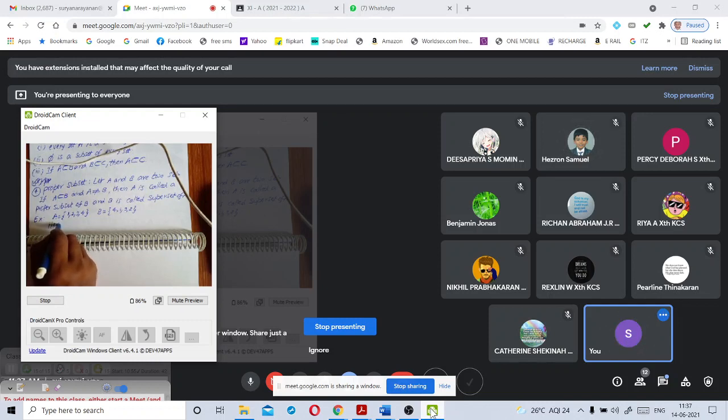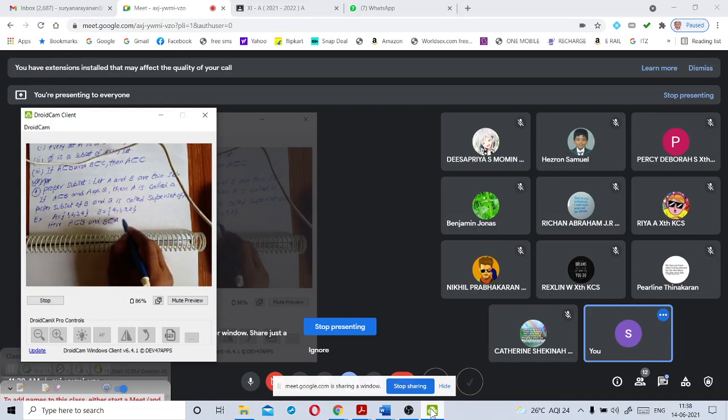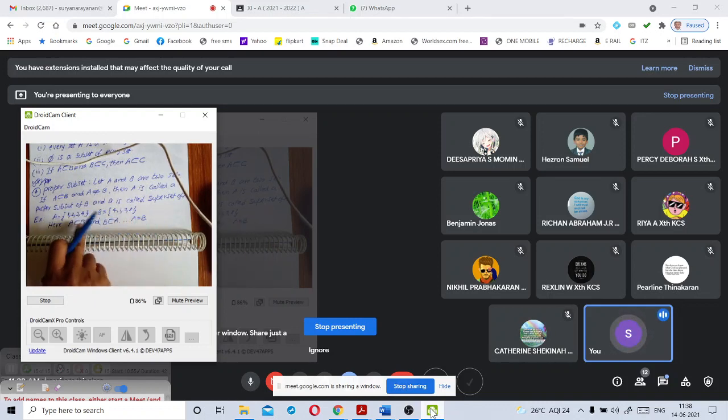Here A is a subset of B. And is B a subset of A? Is every element of set B also an element of set A? Yes, sir. So B is a subset of A. Therefore, we say that A is equal to B. Yes or no? A is a subset of B because every element of set A is also an element of set B, and every element of set B is also an element of set A.